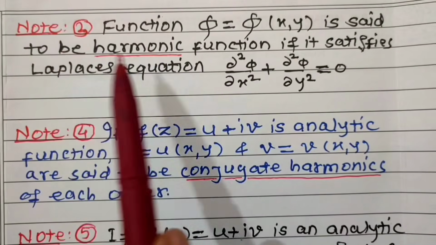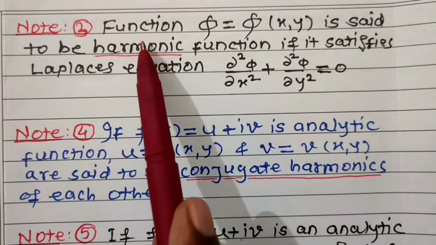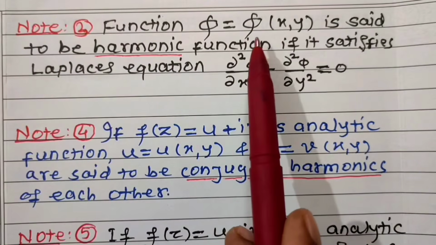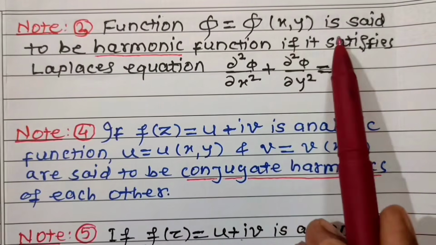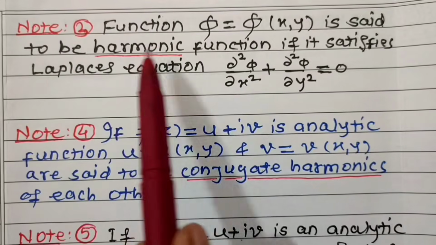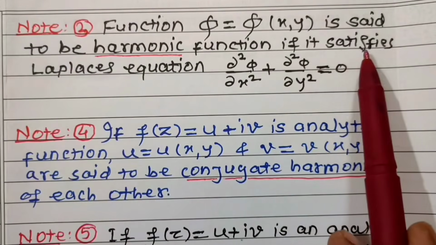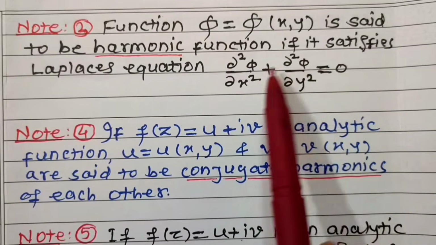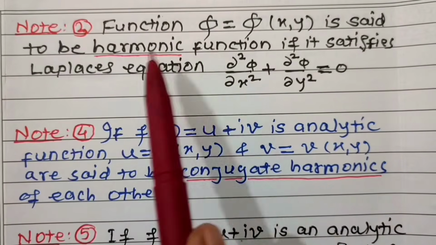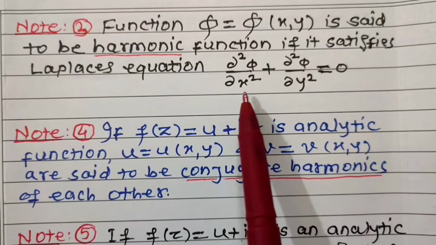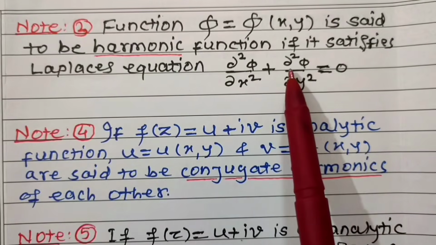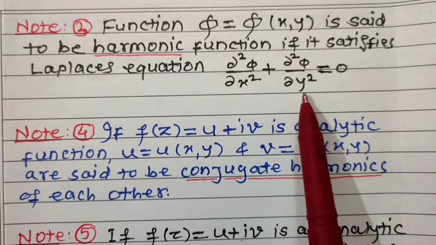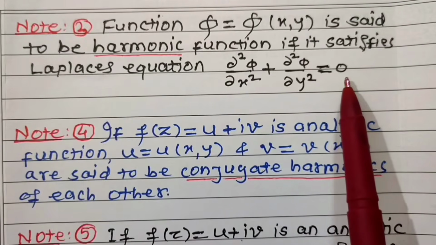Note number 3, regarding harmonic functions. A function φ = φ(x, y) is said to be a harmonic function if it satisfies Laplace's equation. This is the Laplace equation: the second order partial derivative of φ with respect to x plus the second order partial derivative of φ with respect to y is equal to 0.